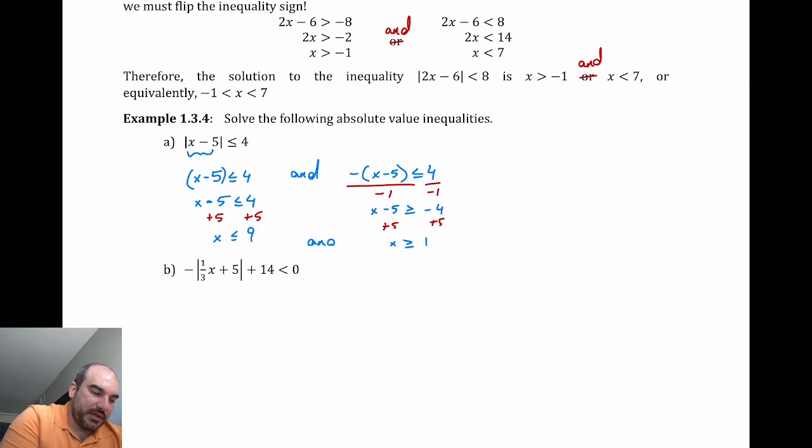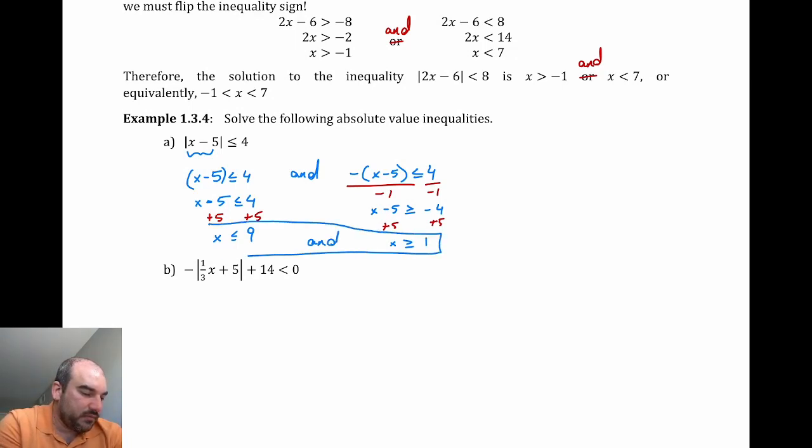And our answer here is going to be an and answer. Whenever you have an answer for an inequality with two pieces joined with an and, you can put them together. So we'll start with the small number, which is 1, and we'll say less than or equal to x, less than or equal to 9.